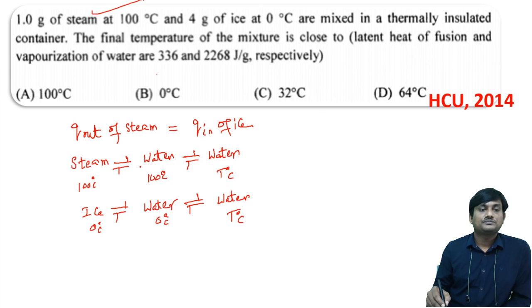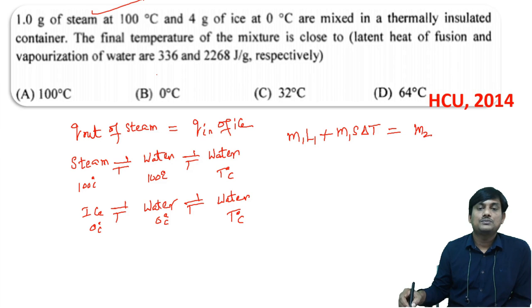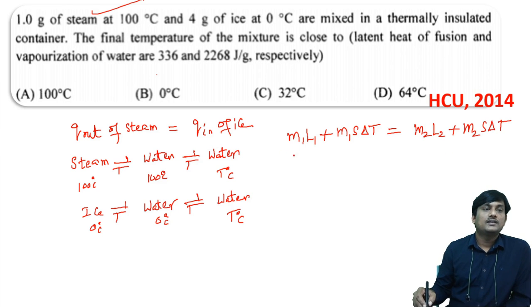So here Q out of steam will be equal to M1 L1 plus M1 S delta T, which is equal to M2 L2 plus M2 S delta T. Here M1 is the mass of the steam and L1 is the latent heat of vaporization, and S is the heat capacity of water, and M2 is the mass of the ice, and L2 is the latent heat of fusion, and delta T is the change in temperature. Delta T1, let us take delta T2.